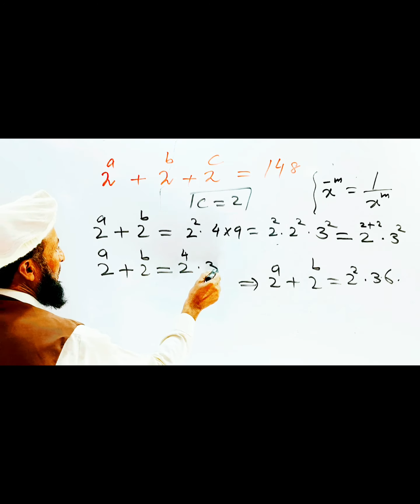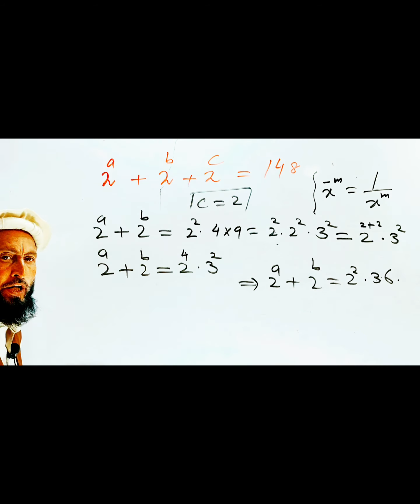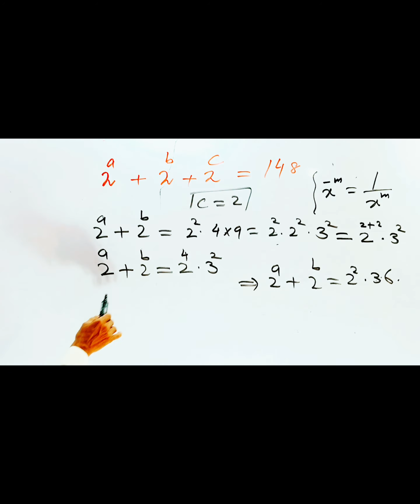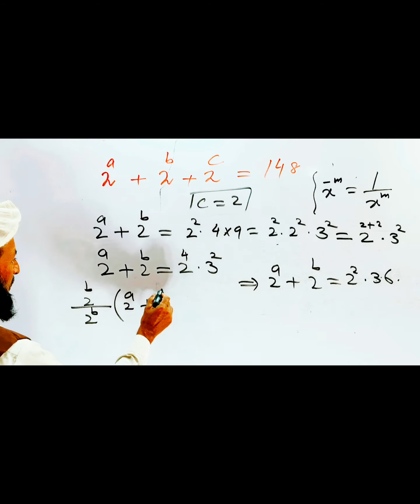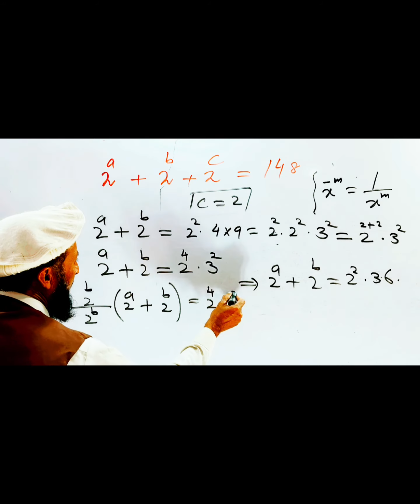One is an even number and one is an odd number, but this side is also an even number. Now we try to make one odd, by the same process. If we divide the left side term by 2 exponent of b, 2 exponent of a plus 2 exponent of b is equal to 2 exponent of 4 and 3 square.